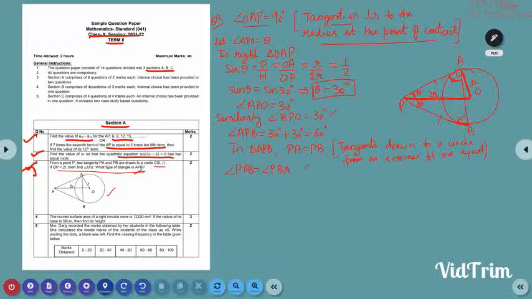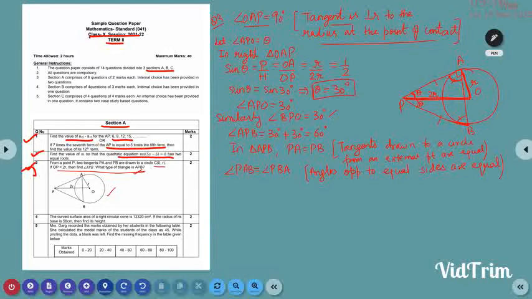For that, the reason is tangents drawn to a circle from an external point are equal. And after that, we write angle PAB is equal to angle PBA. And the reason is angles opposite to equal sides of a triangle are equal.